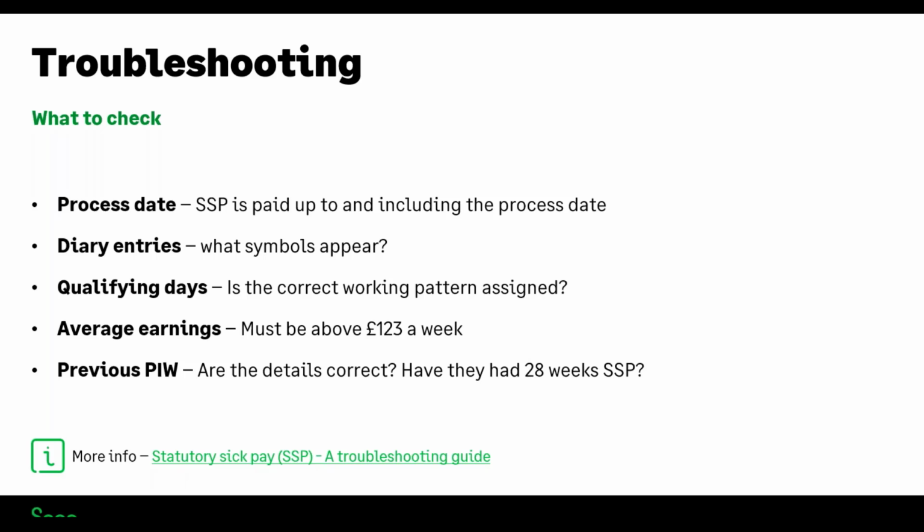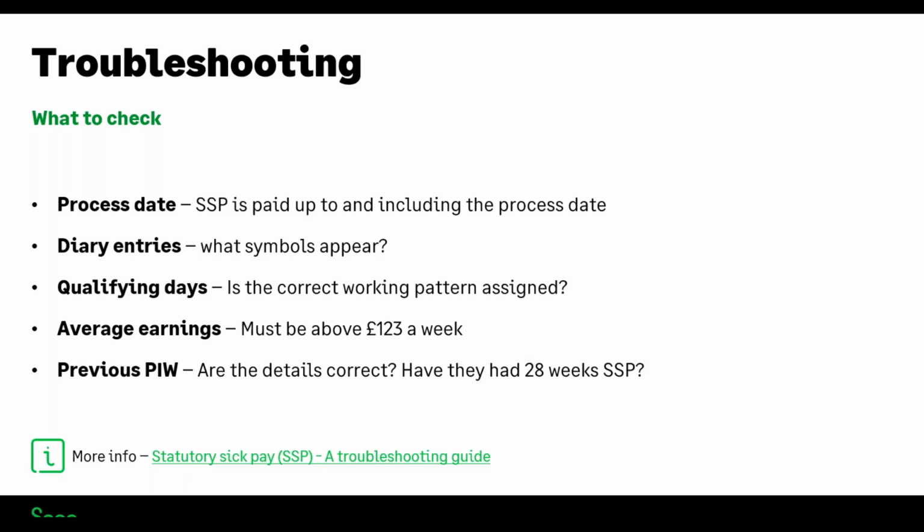You'll do that in the record, and from the further information SSP button, you'll have the qualifying days tab in there where you can double check that. And if there is nothing calculating, I would also check the average earnings in the SSP information. Remember, that does have to be above the average of £123 a week in order to be SSP.